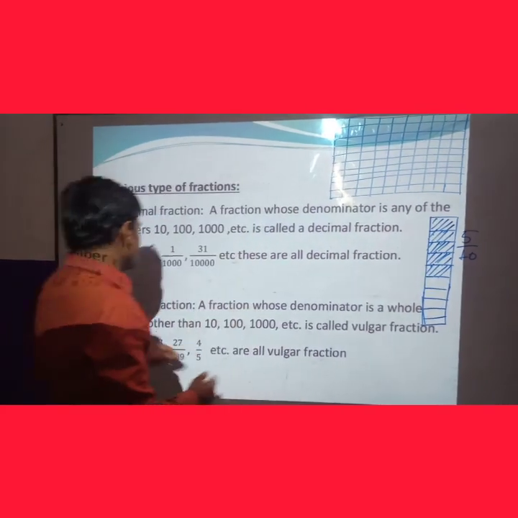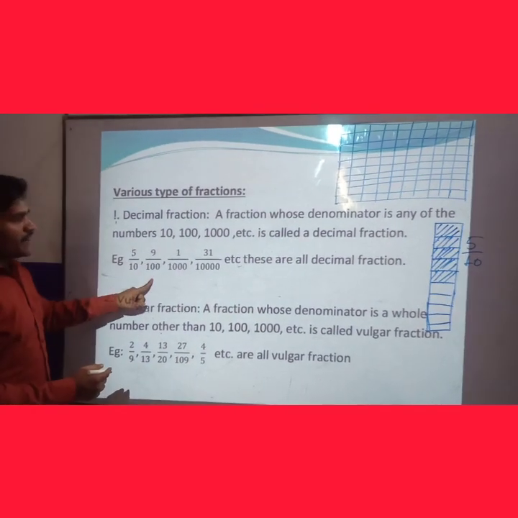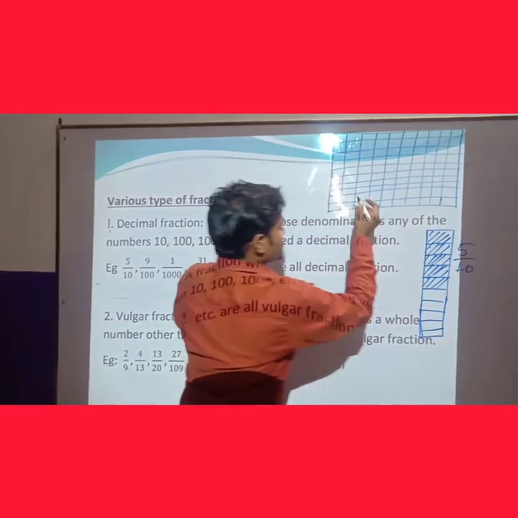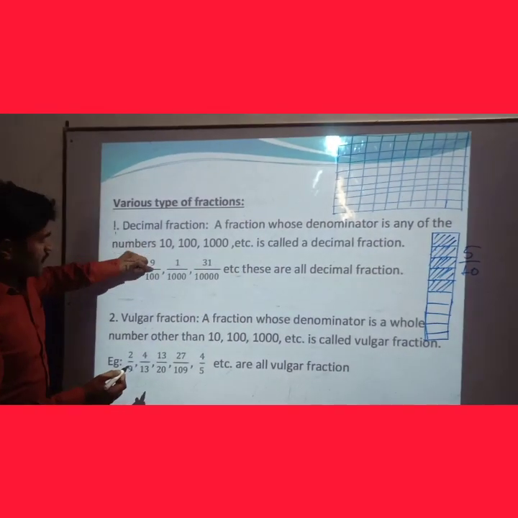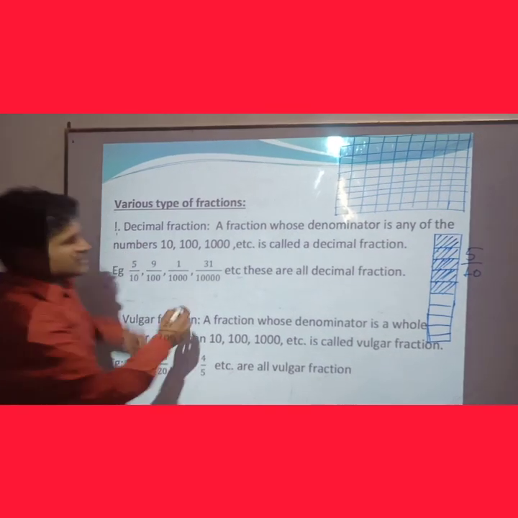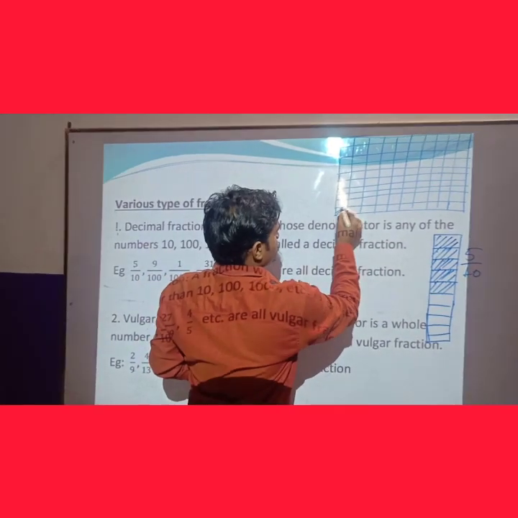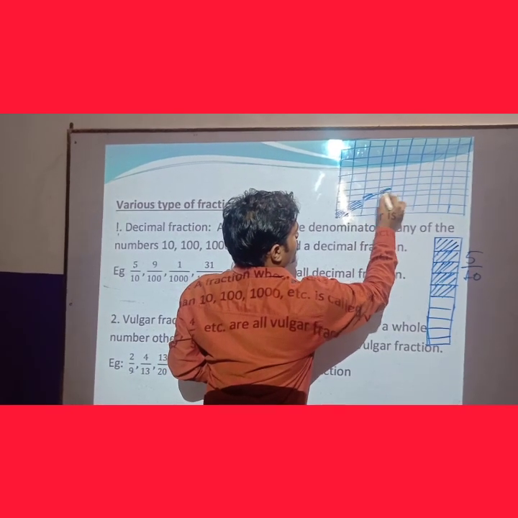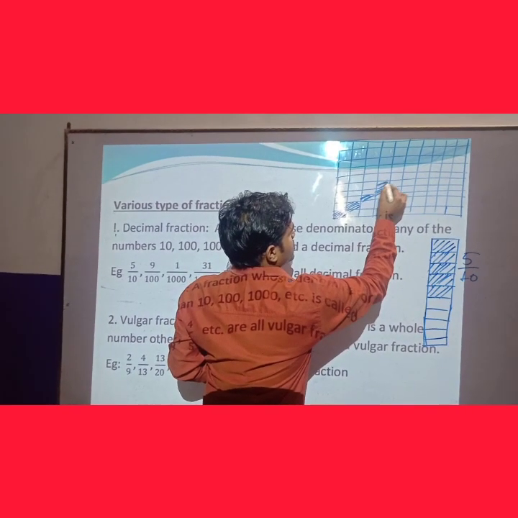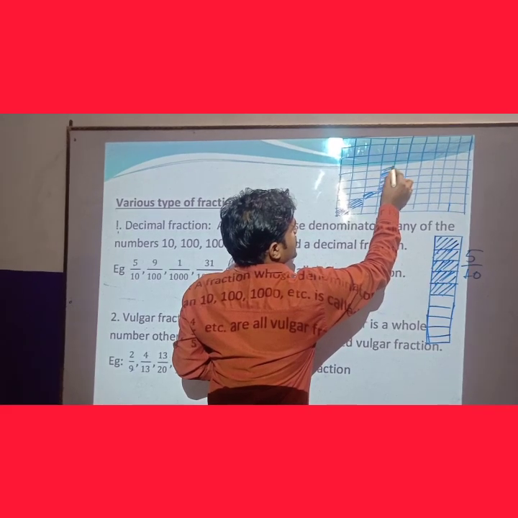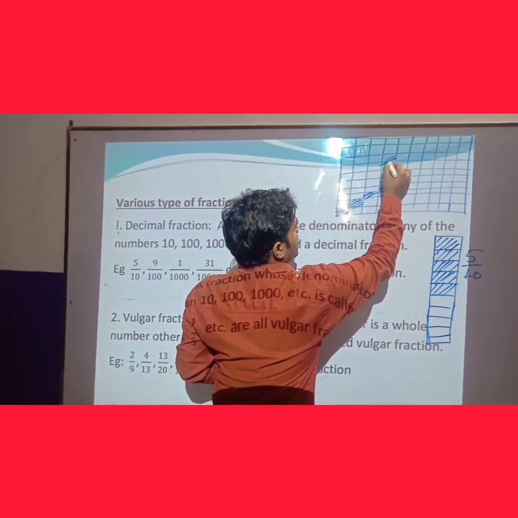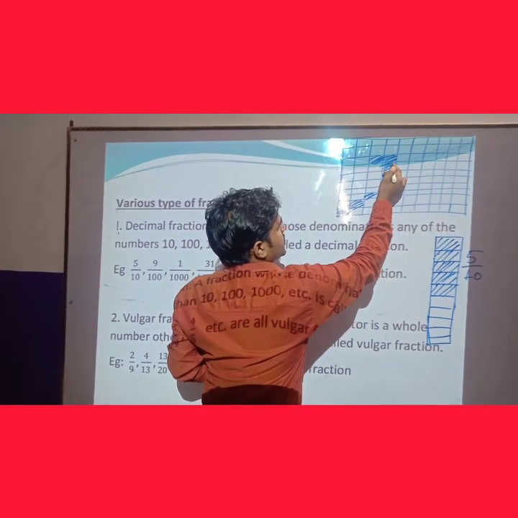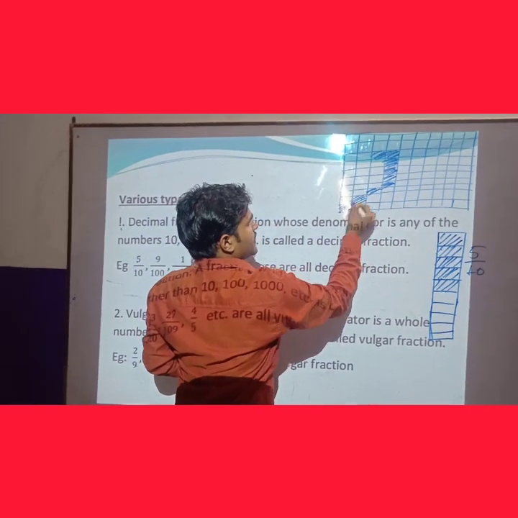Second example, 9/100. There are 100 boxes. We shade 9 boxes because the numerator is 9: 1, 2, 3, 4, 5, 6, 7, 8 and 9.